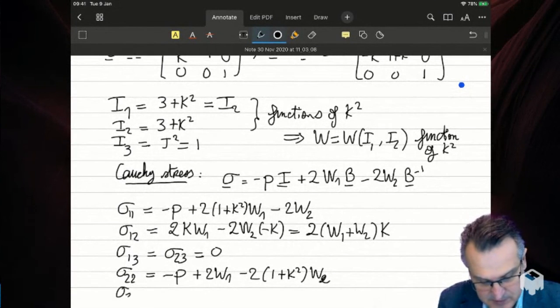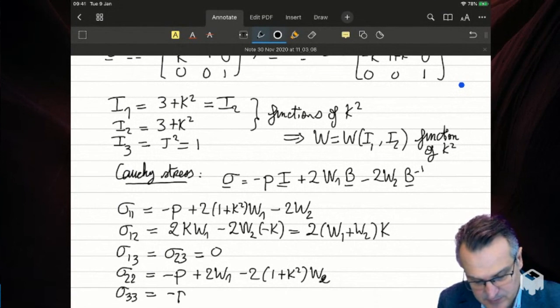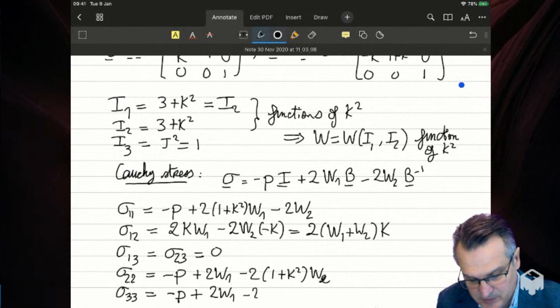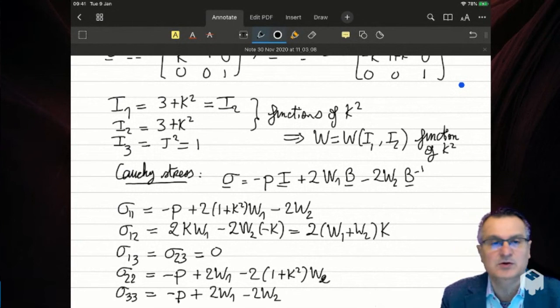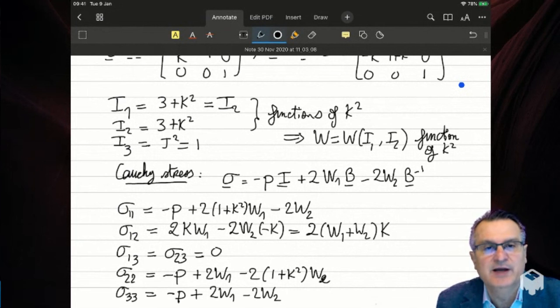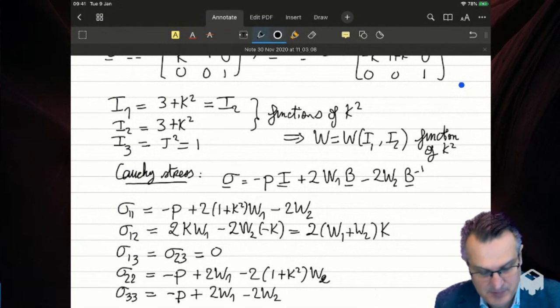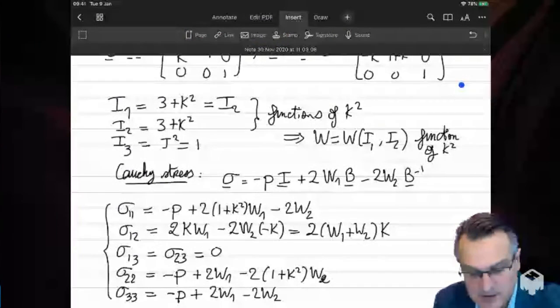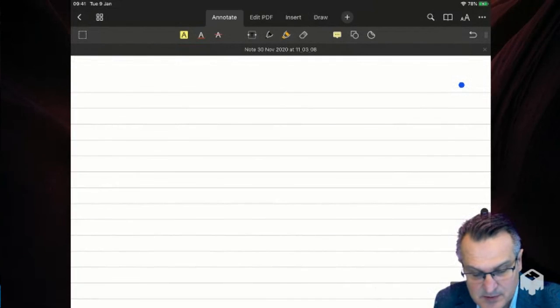And finally, sigma 3,3 is going to be minus P plus 2W1 minus 2W2, because the 3,3 components of I, B, and B minus 1 is 1. Okay, that was easy.